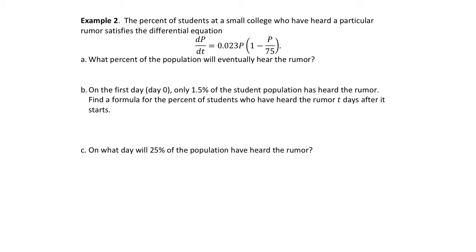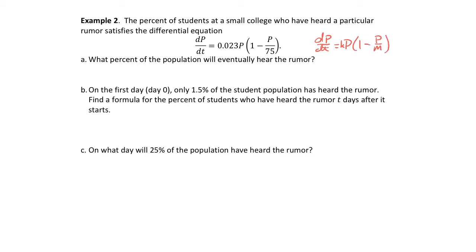Okay, so we have a small college, and there is a rumor going around. The percent of students who have heard the rumor is given by this logistic differential equation. Now, our general form for these is dP/dt equals k times P times 1 minus P divided by M. Is ours in that form?